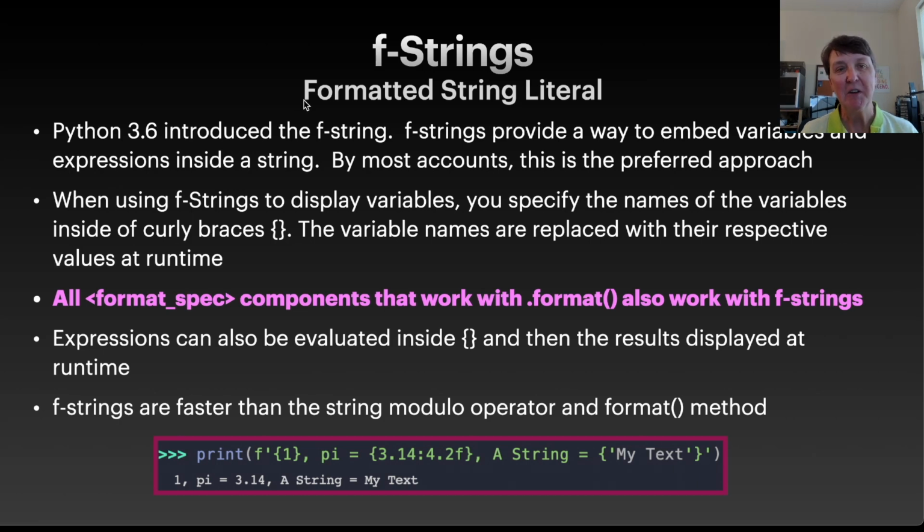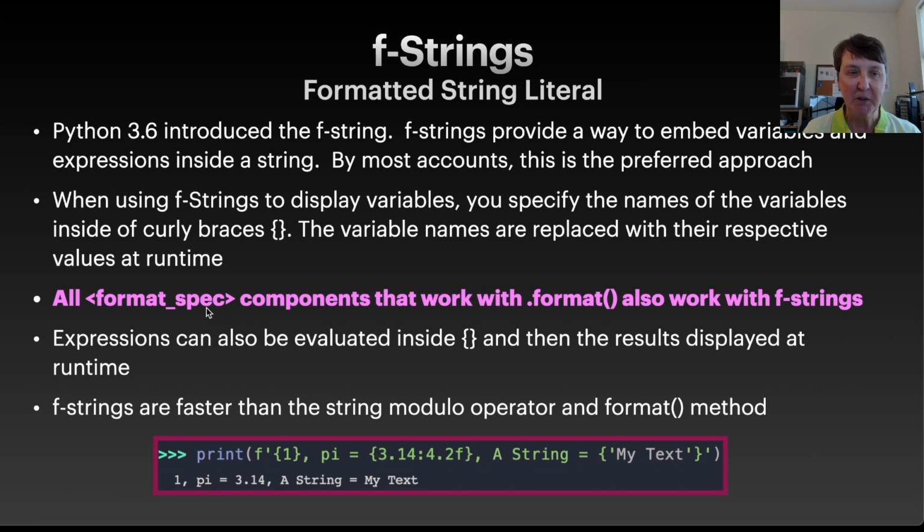Now, f-strings are the newest way to format. They were brought in Python 3.6. And from whatever I read, it seems like this is now the preferred approach to formatting. When we use them, they're pretty similar to the format method, and we use the curly braces and create placeholders in our string.